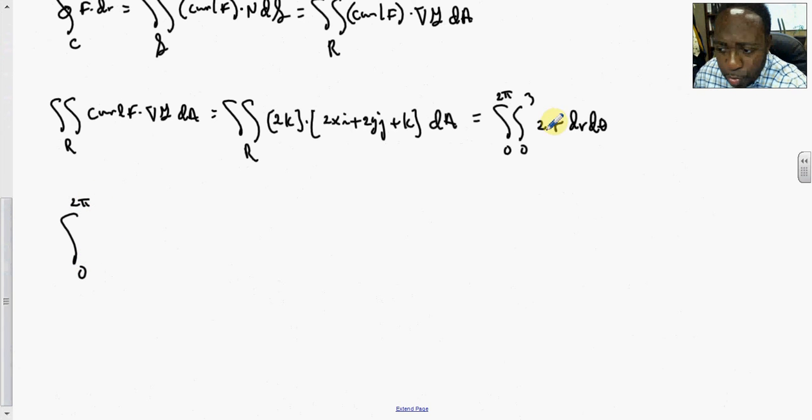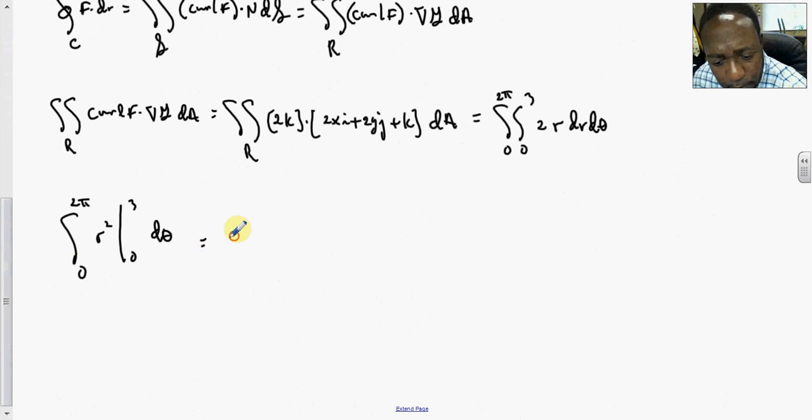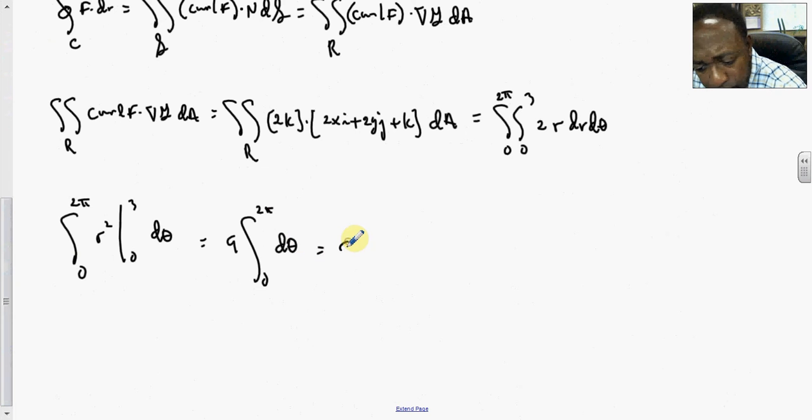Here we get 2r squared divided by 2, so it's just r squared evaluated from 0 to 3 d theta. That gives us 9 times the integral from 0 to 2 pi. That's just 9 times 2 pi. This is 9 theta evaluated from 0 to 2 pi. You get 18 pi.